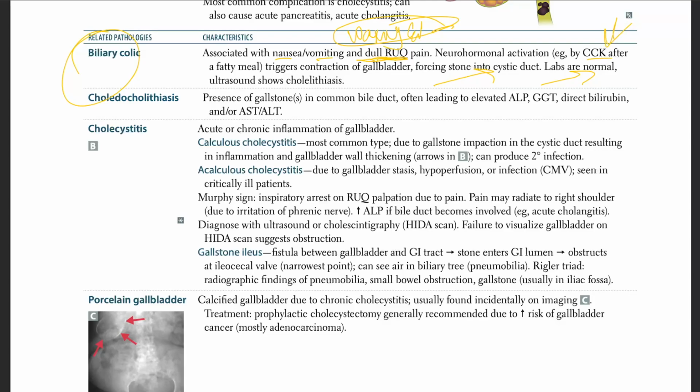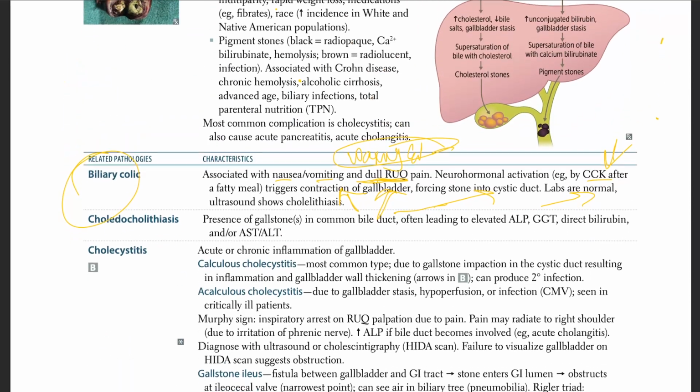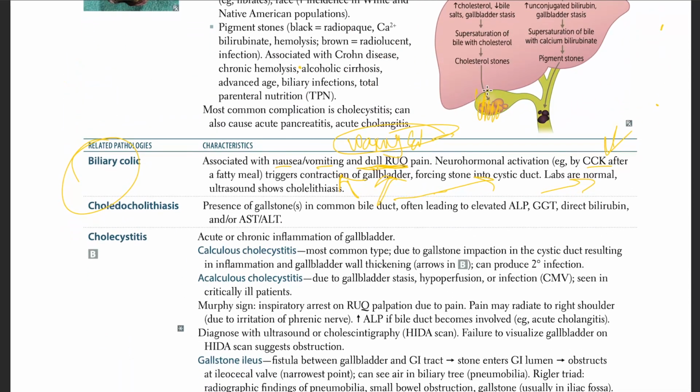CCK is triggering the contraction of the gallbladder. If you're contracting the gallbladder, this guy here, you're forcing the stone to come towards the cystic duct. And here the labs are normal and the ultrasound shows cholelithiasis.